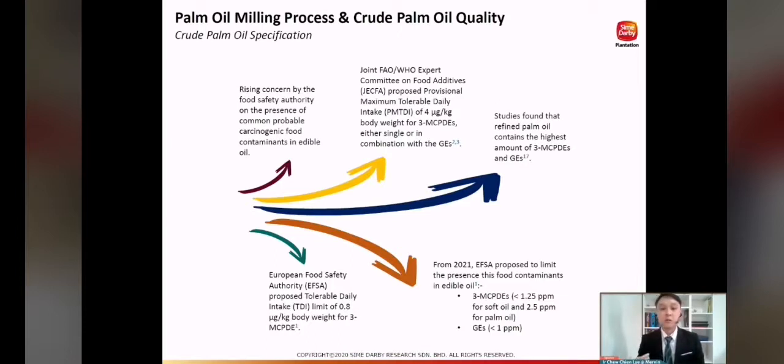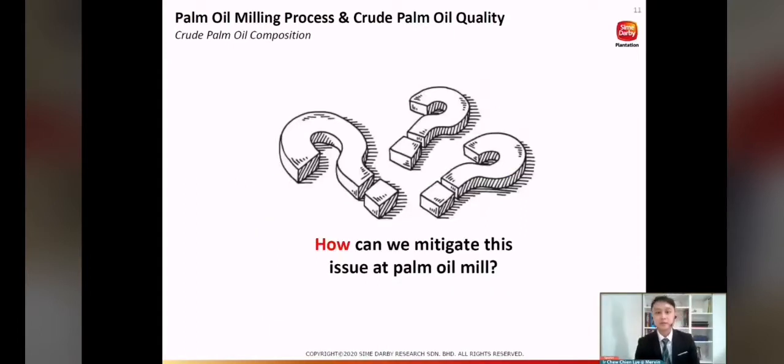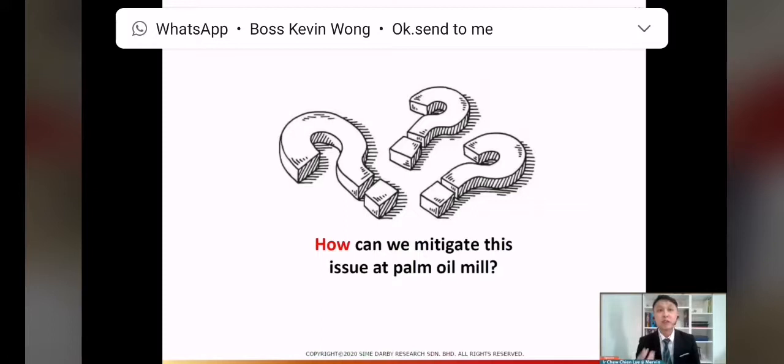EFSA has proposed that from 2021 onwards, we need to limit the food contaminants in edible oils, especially palm oil, with 3-MCPDE at 2.5 ppm and below, and GE below 1 ppm. So the question here is, how can we mitigate these process contaminant issues in the palm oil mill itself?